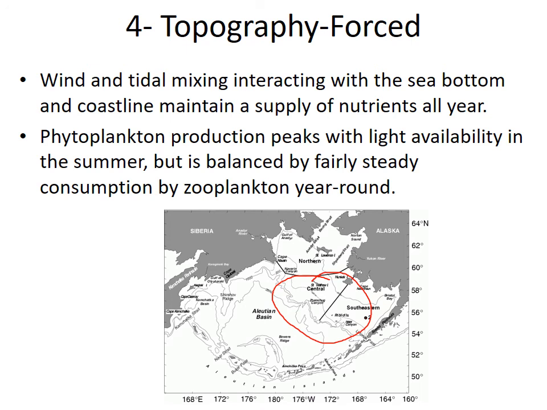And it means that there's constant mixing and/or upwelling that keeps nutrients available all year. So you don't get this boom-bust kind of productivity. You just have a general increase in productivity during the sunnier part of the year and somewhat of a decrease during the darker part of the year.